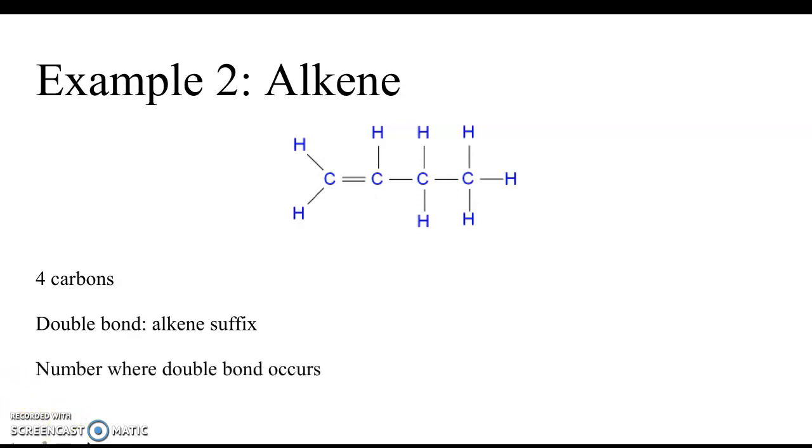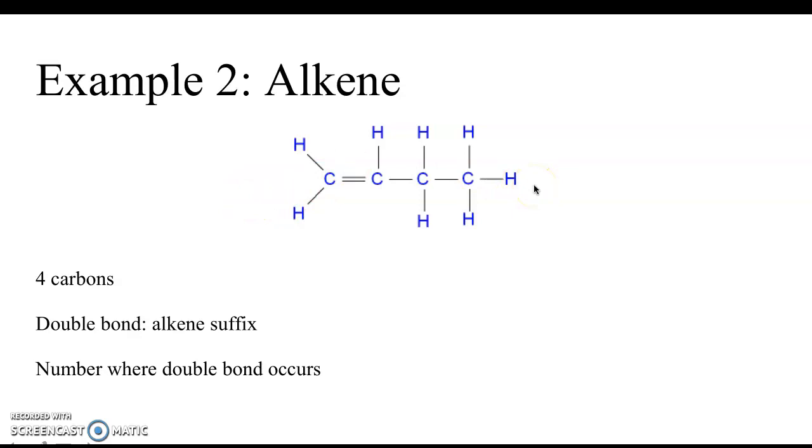And now we have to number where the bond occurs. So you're going to count the chain both ways. 1, 2, 3, 4. Or we can number it this way, right? We could flip this 180 degrees. 1, 2, 3, 4. You take the lowest number that the double bond occurs on, which would be carbon number 1. Your options were carbon number 3, reading it from this way, or carbon number 1.